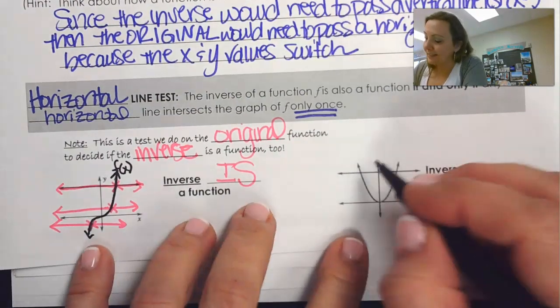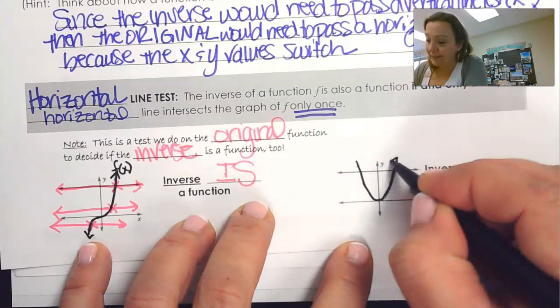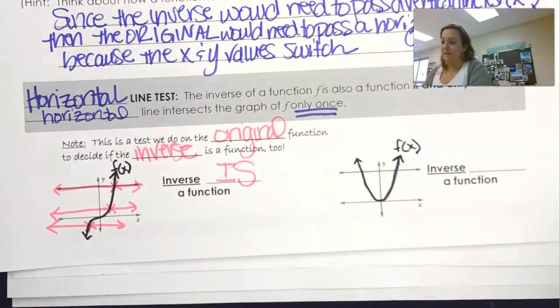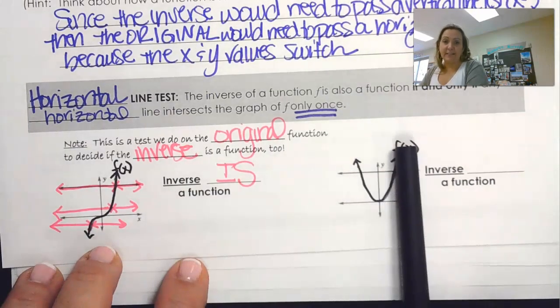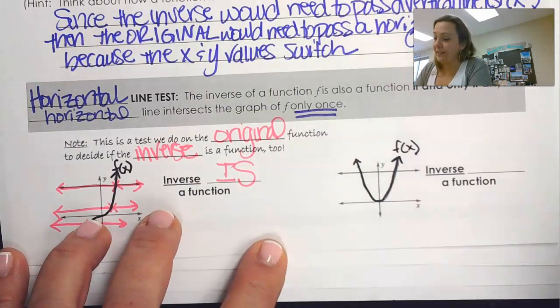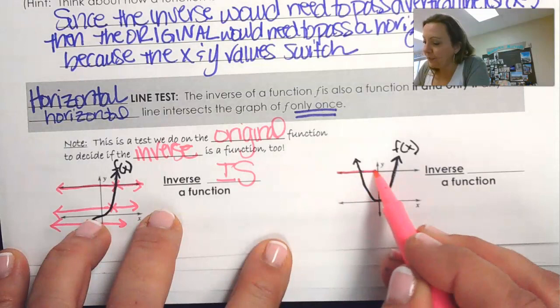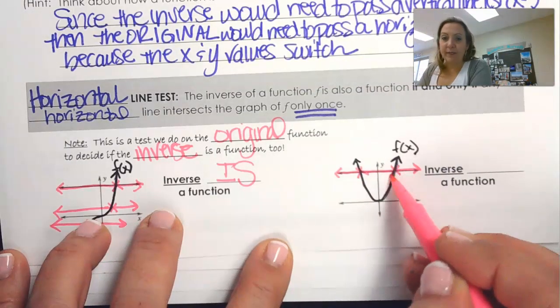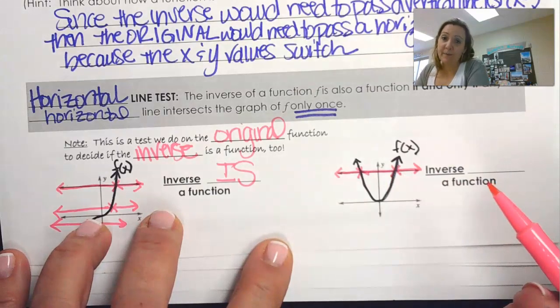But let's look at this guy here. This is a function, this f of x. It itself passes the vertical line test. So f of x is a function. But if we switch the x and the y's, that means we'd want to test the horizontal line because the x's would become y's and y's would become x's.